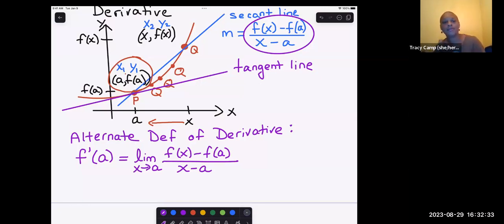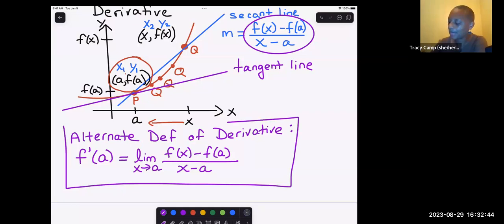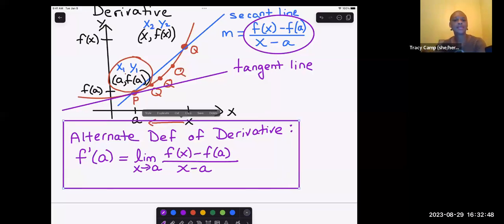So f prime of a is equal to the limit as x approaches a of f of x minus f of a over x minus a. We'll do an example using this definition, and then one more example using the other definition.